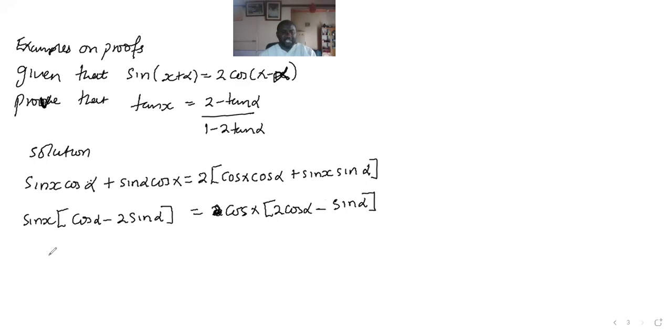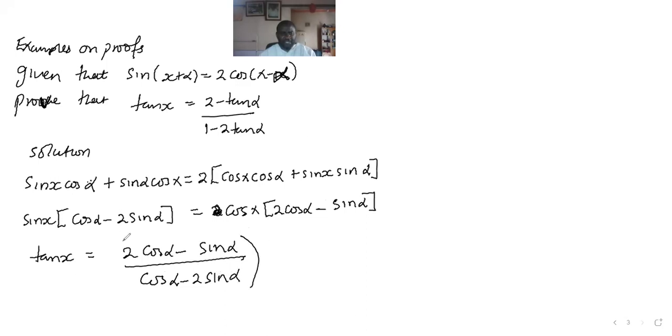When I divide both sides by cos x, I'll get tan of x is equal to twice cos of alpha minus sine of alpha, all divided by cos of alpha minus twice sine of alpha.